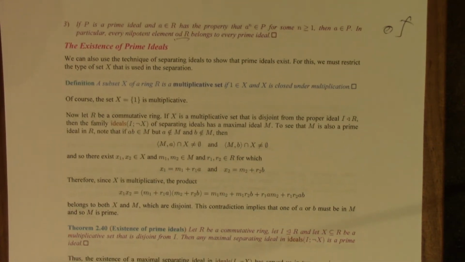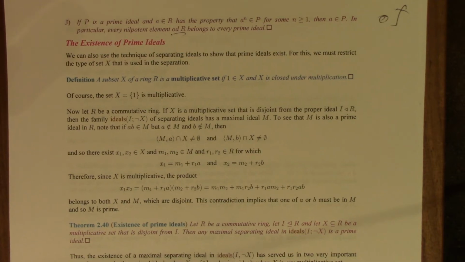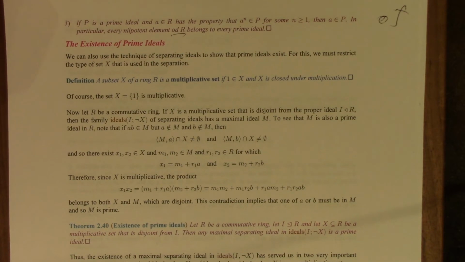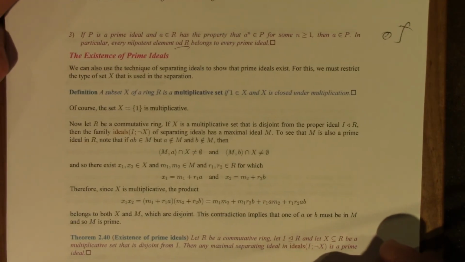We discussed the existence of maximal ideals, and we talked about separating ideals. And that same concept of separating ideals can show that prime ideals exist, but we need to restrict attention to a special type of set X, not just arbitrary, but multiplicative. And this is the definition.